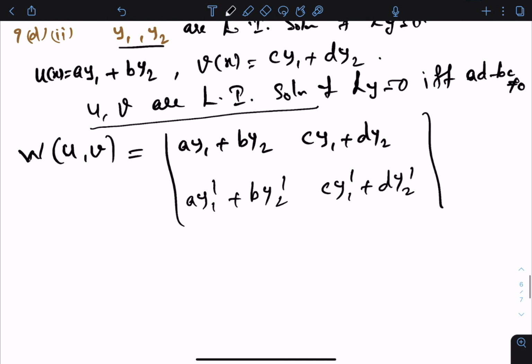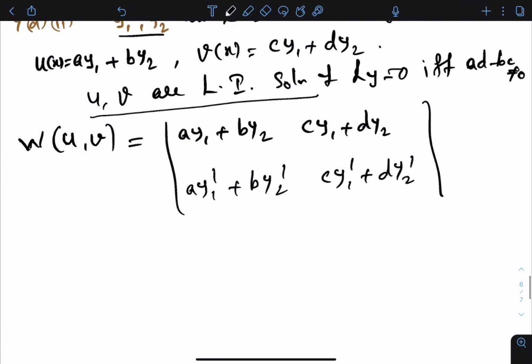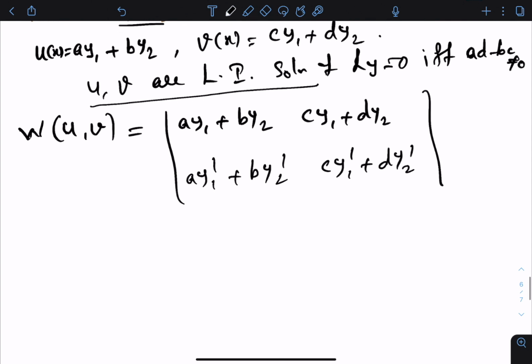Now what we can do is try computing this determinant.